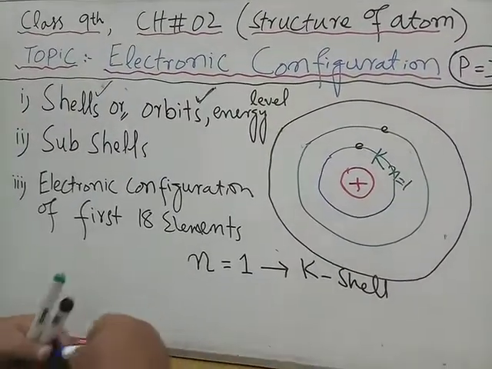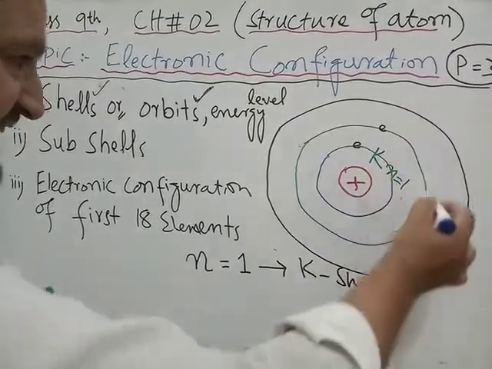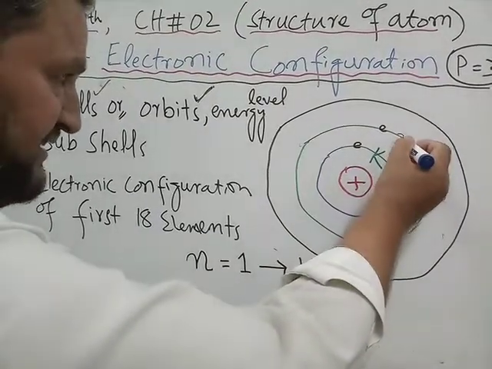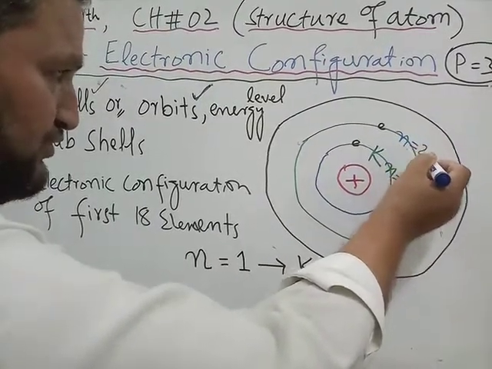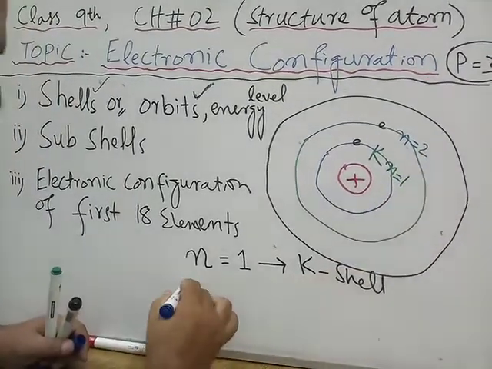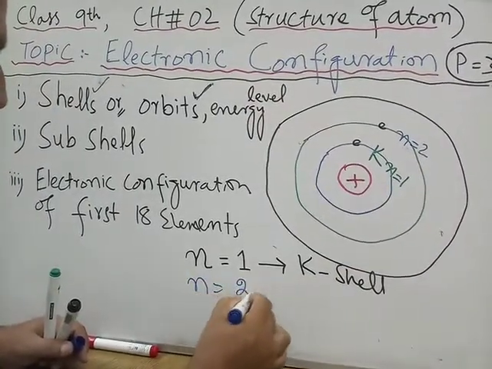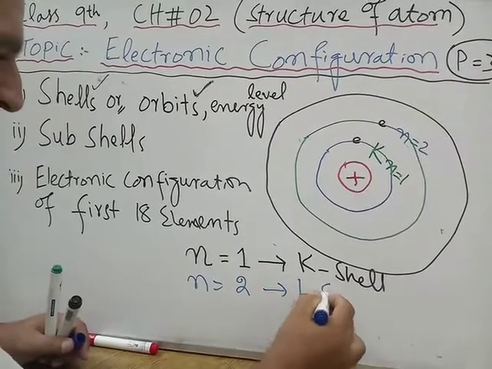Similarly, this is the second shell, so it has number n equal to 2. When n is equal to 2, it is called the L shell.